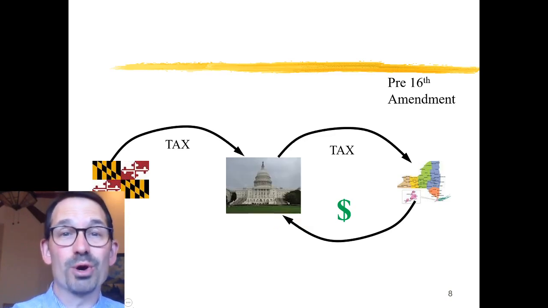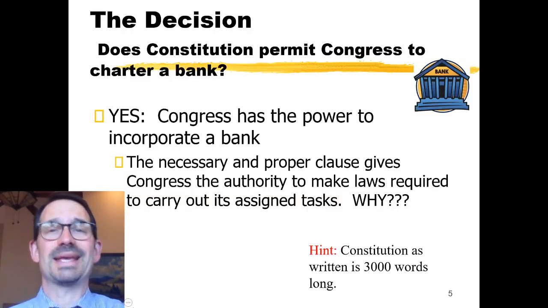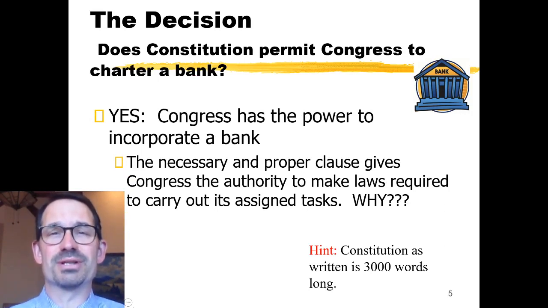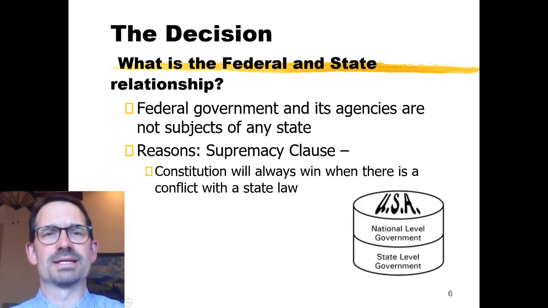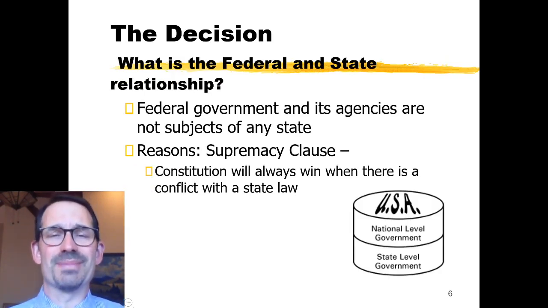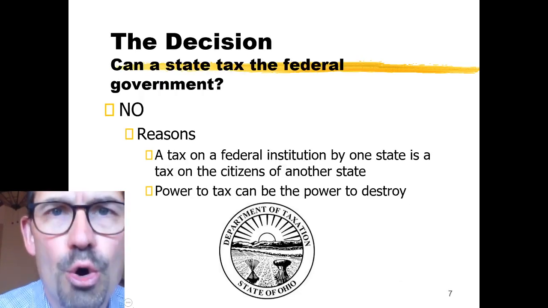So overall, real quick review here. Does the Constitution allow Congress to charter, incorporate a bank? Yes. Necessary and proper, implied powers, elastic clause. What's the federal-state relationship? National government beats the states. Can the states tax the bank? No. Why?